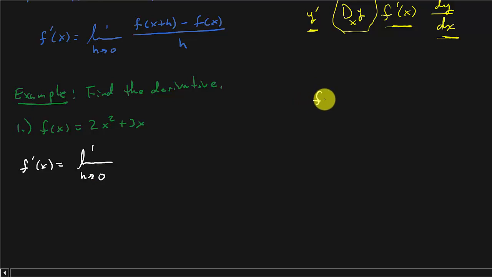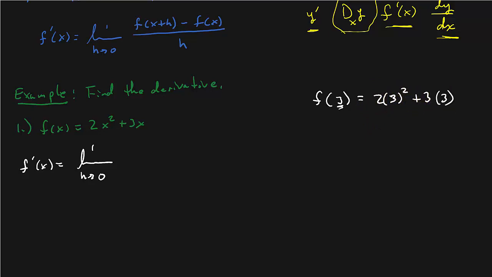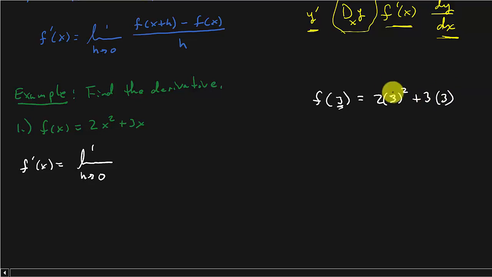So think about this. If I asked you to find f of, say, 3, what would you do? You would take the 3 here and plug it in for x. So that would give you 2 times 3 squared plus 3 times 3. You can see what we've done here is we replaced the x values with 3. Well, that's all this f of x plus h is.